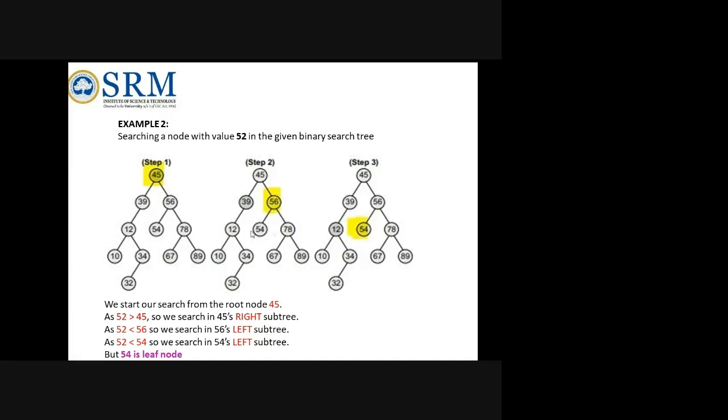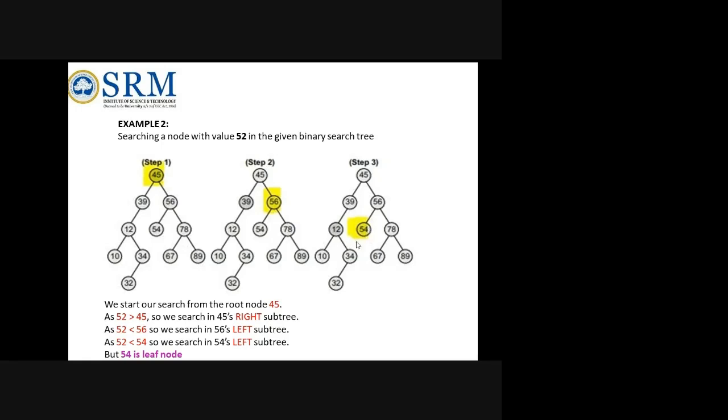Now again it will check whether 54 has a left child, but 54 ends up being a leaf node. When 54 is a leaf node, it is understood that your given value 52 is not found, because after this you cannot traverse anywhere.